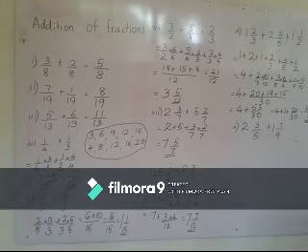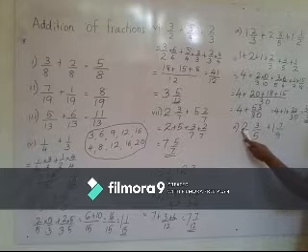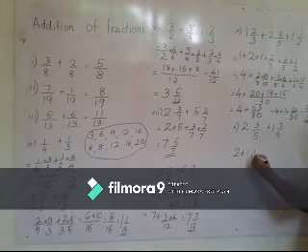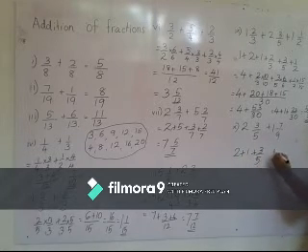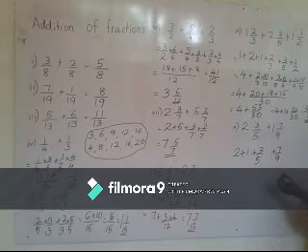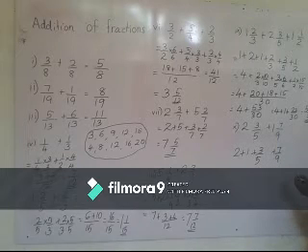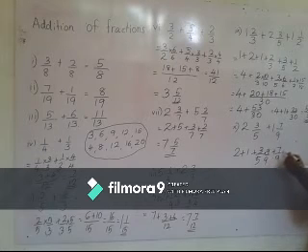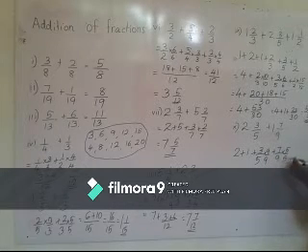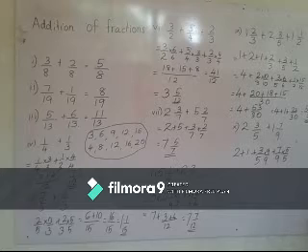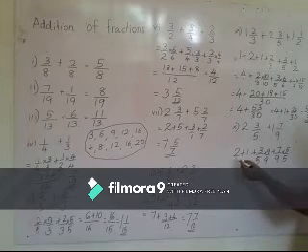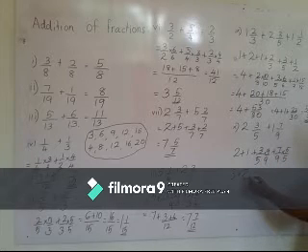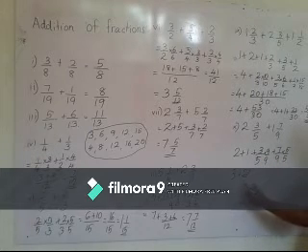Then 2 and 1 added is 3. 2 added to 1, added to 3/5, added to 7/9. 9 and 5 means we can make it into 45. 5 should multiply by 9. 9 should multiply by 5. Then 2 added to 1 is 3. Added to 3 times 9, 27, over 45.